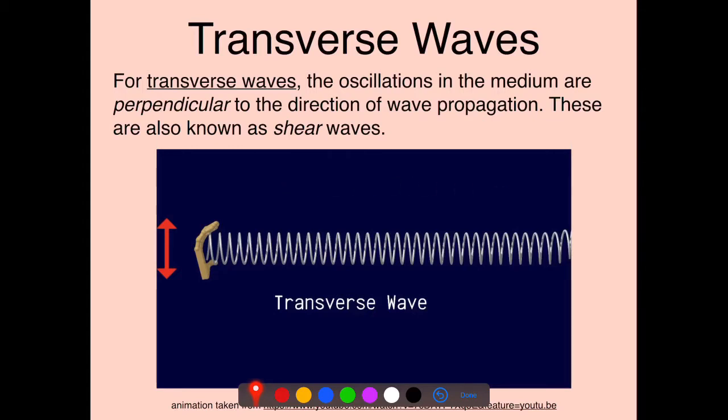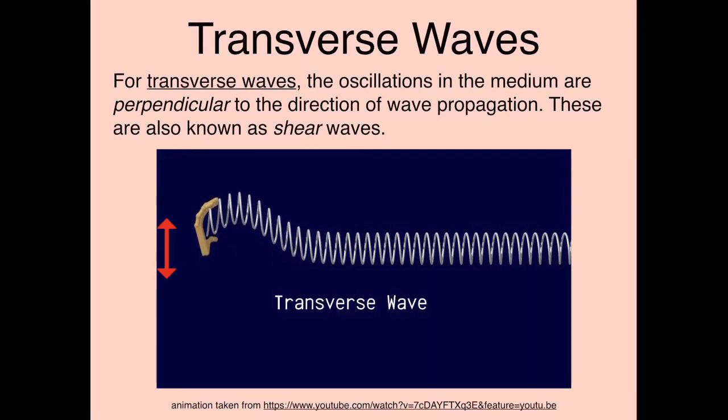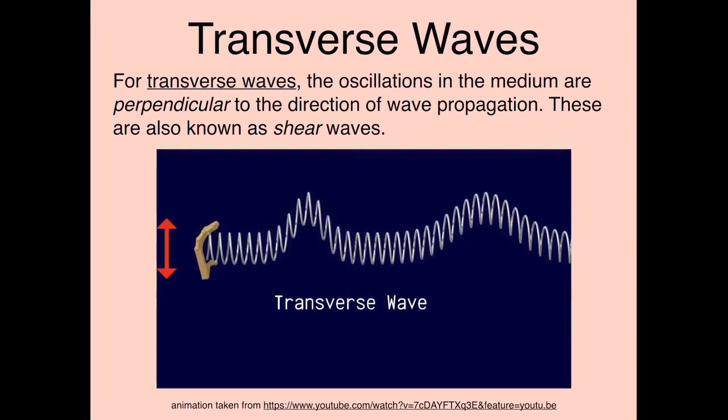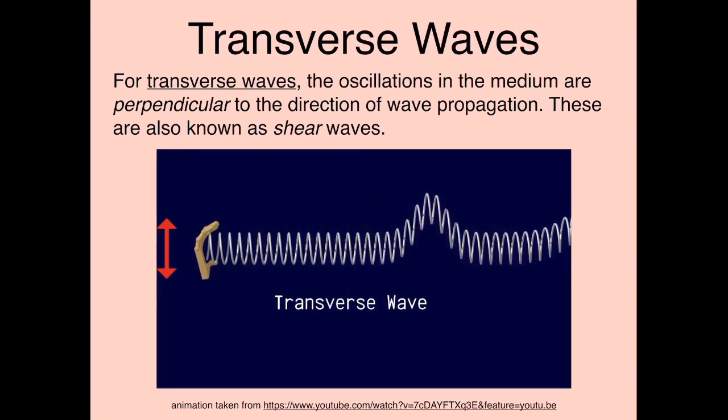So in other words, the direction of the oscillations up and down and the direction of the propagation to the right are perpendicular to each other. And that's why we call this a transverse wave. Let's take a look at that one more time. So again, the slinky is oscillating up and down at any given point that you look at, but the wave itself is moving to the right. That's an example of a transverse wave.